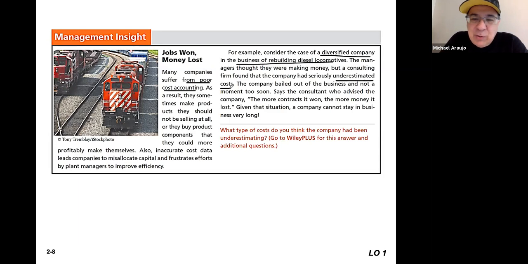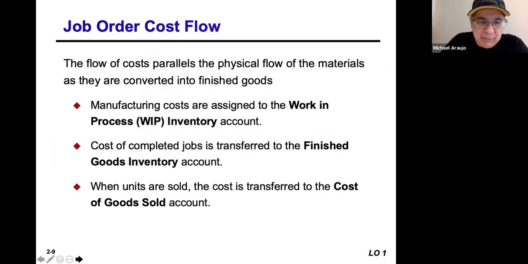Basically, what the consultant was saying is the more contracts it won, the more money it lost. That's not a good way to run a business. The culprit really is not having a good cost accounting system, not understanding what your costs are, so you make sure you're accounting for all of your expenses. That's a good little story for now.